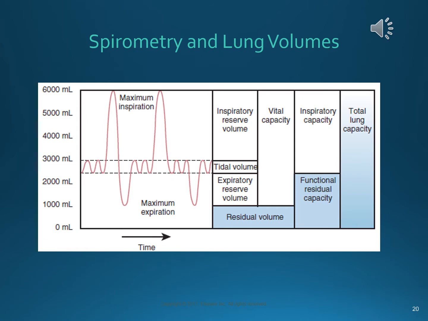The one that I don't have a graph on is DLCO, the diffusing capacity. And what that is, you breathe in carbon monoxide, because remember I said carbon monoxide really grabs onto hemoglobin fast.